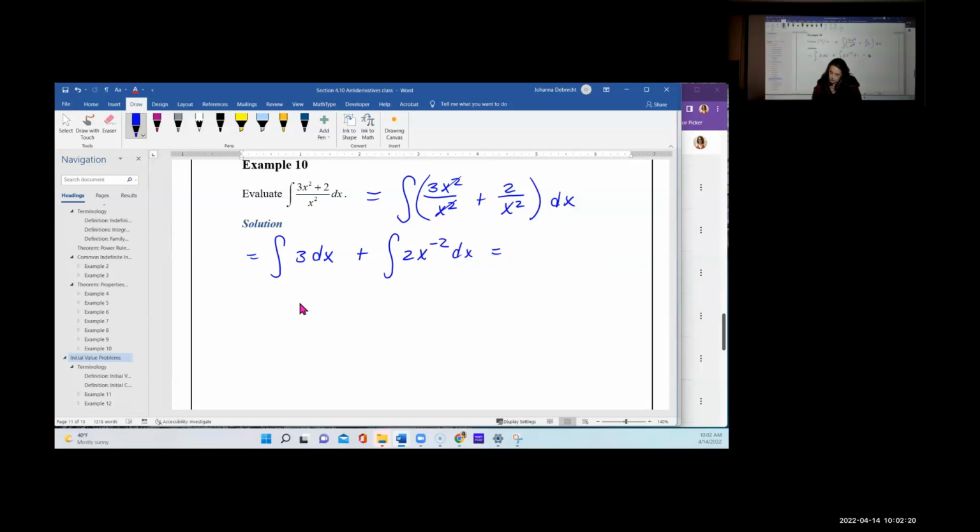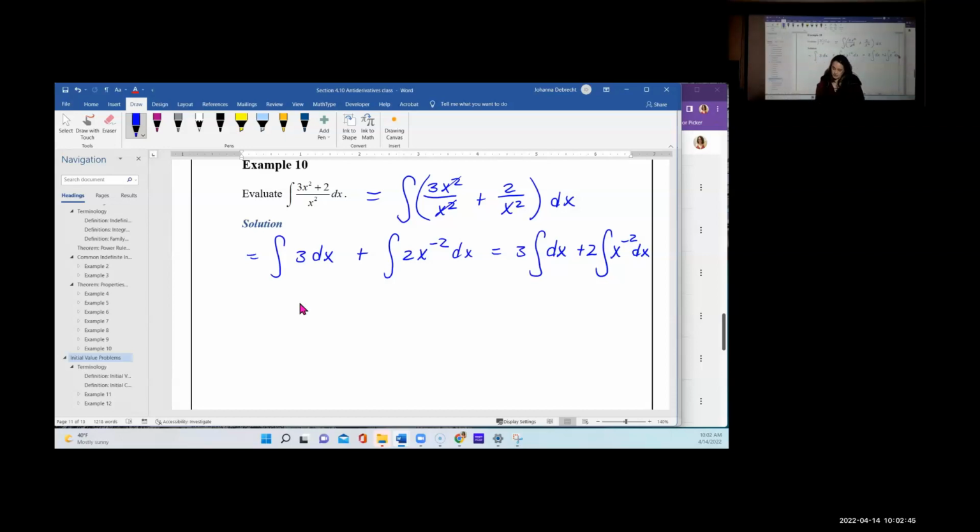Now, again, you could pull the constants out and have 3 times the integral of dx plus 2 times the integral of x to the -2 dx, right? The only one that you cannot undo the power rule with is 1 over x, or x to the -1. That's the natural log of the absolute value of x.